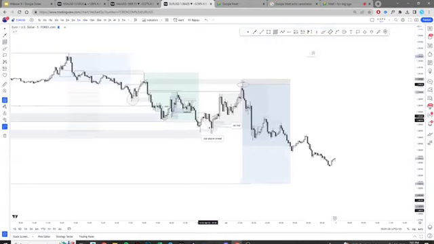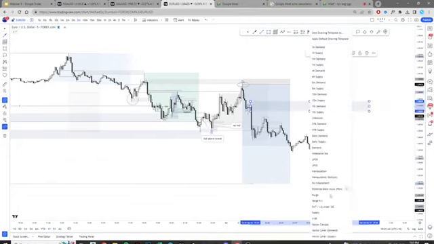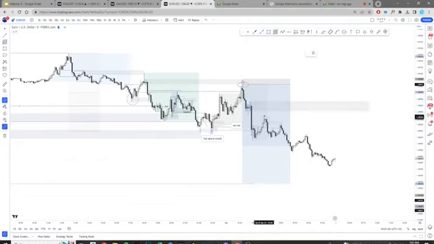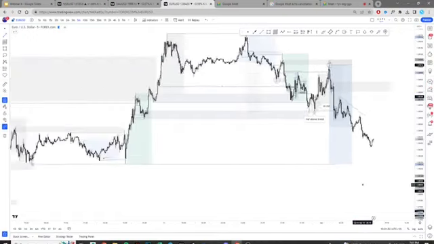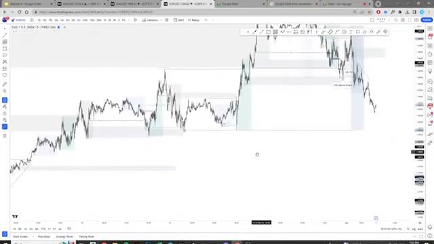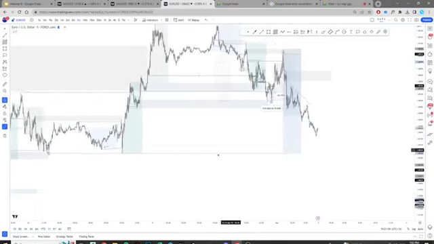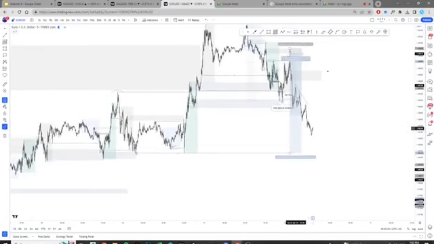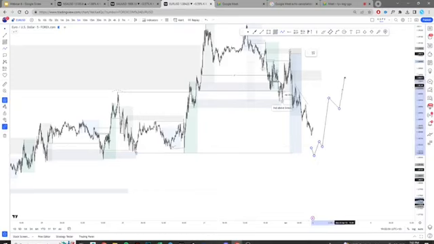For next week, right, I see this swept, so this is a good POI, but we're not really looking for POIs. We don't have a lot of development right now, but a bit of a retail trendline thing going. It looks like we're going to end up taking these. Nothing super clean to the buy side, right? So where it does react based on the inducement, maybe here, right, we can get some pullback up.